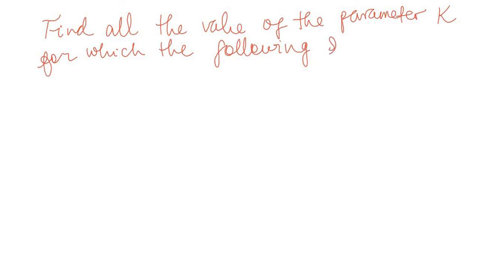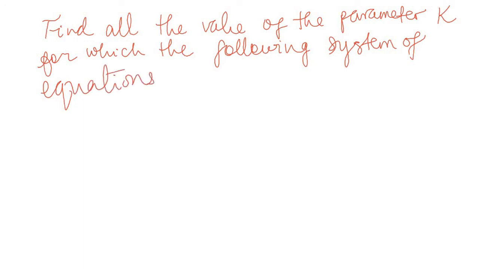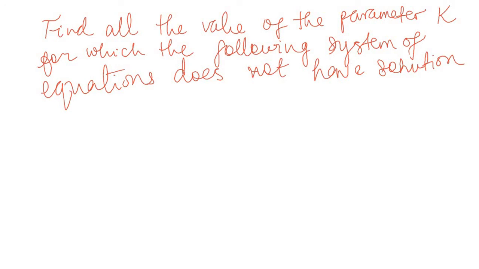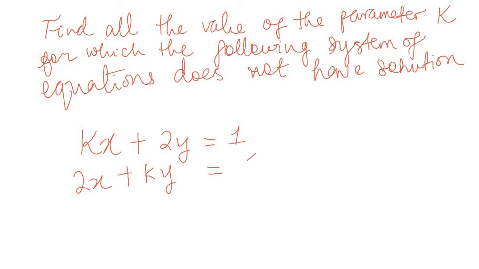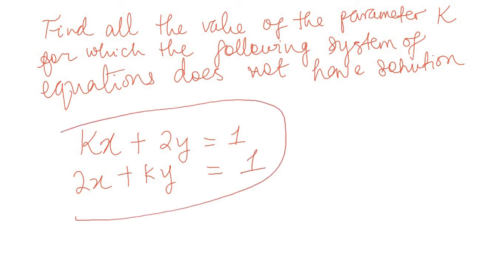Yes, you guys are getting it right. So then you have the question to be kx plus 2y equals 1, and 2x plus ky equals 1. So if you guys can answer this question, that would be great.